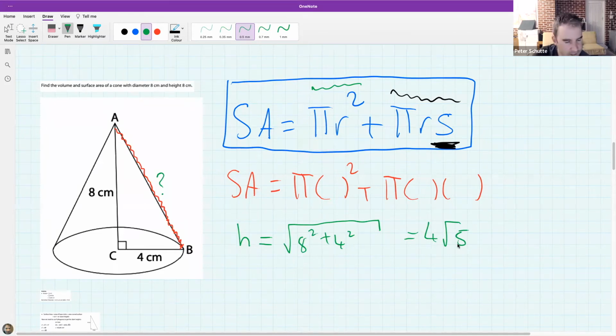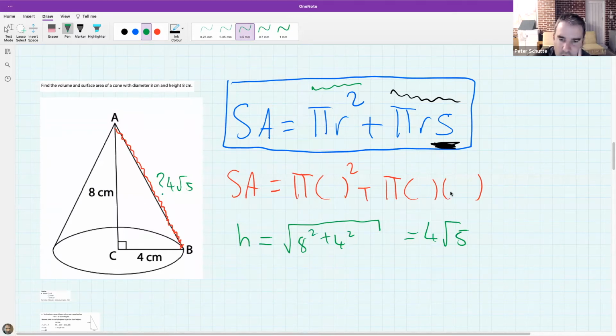So what I get is 4 root 5 for my height. You could also write it as 64 plus 16, so the square root of 80, but 4 root 5 will do.